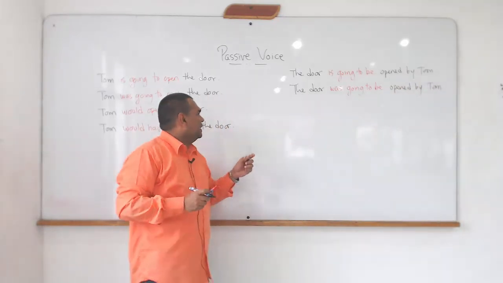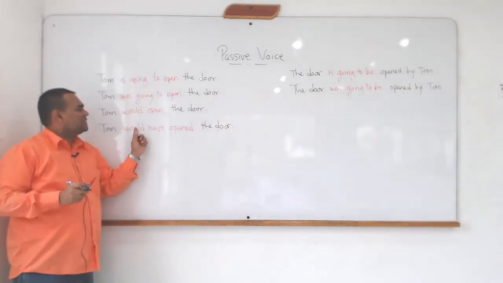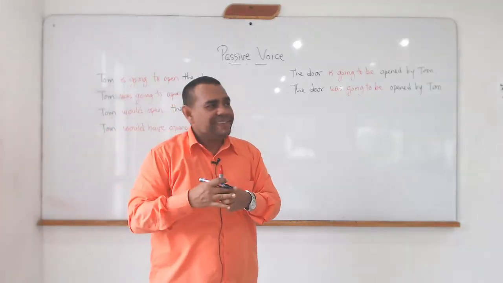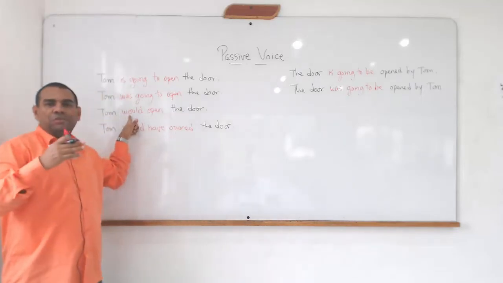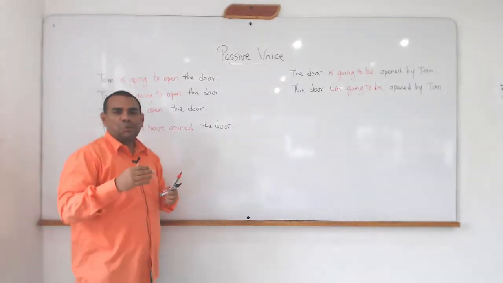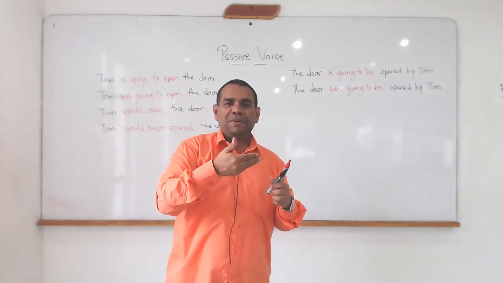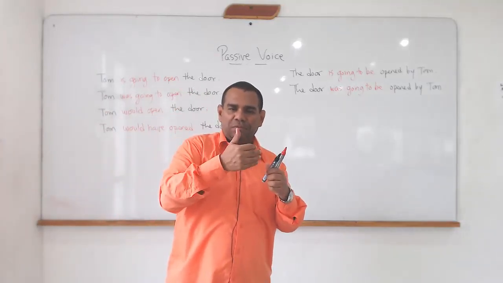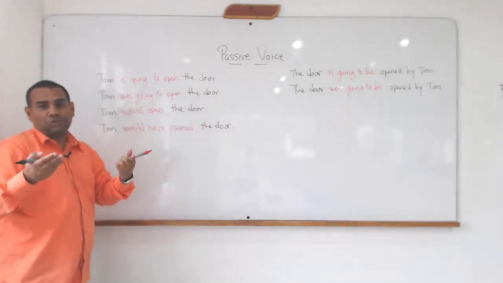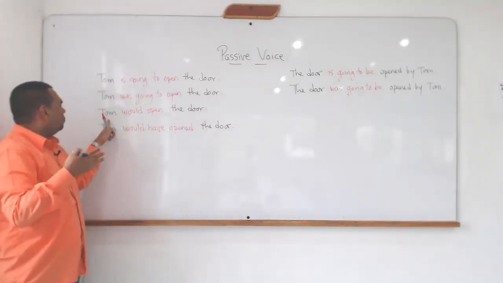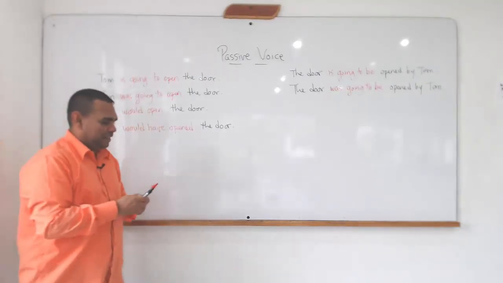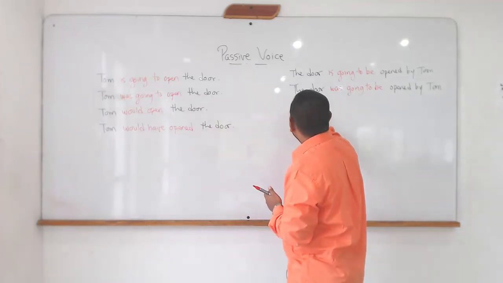Okay, and these two last ones, well, they don't constitute exactly a tense. Actually, would is going to correspond to what a modal verb is, but places the action in a future time submitted to a condition. It's a future that is to come, but submitted to a condition. So it is also an important structure, and we will take it into account here. So Tom would open the door is transformed this way.